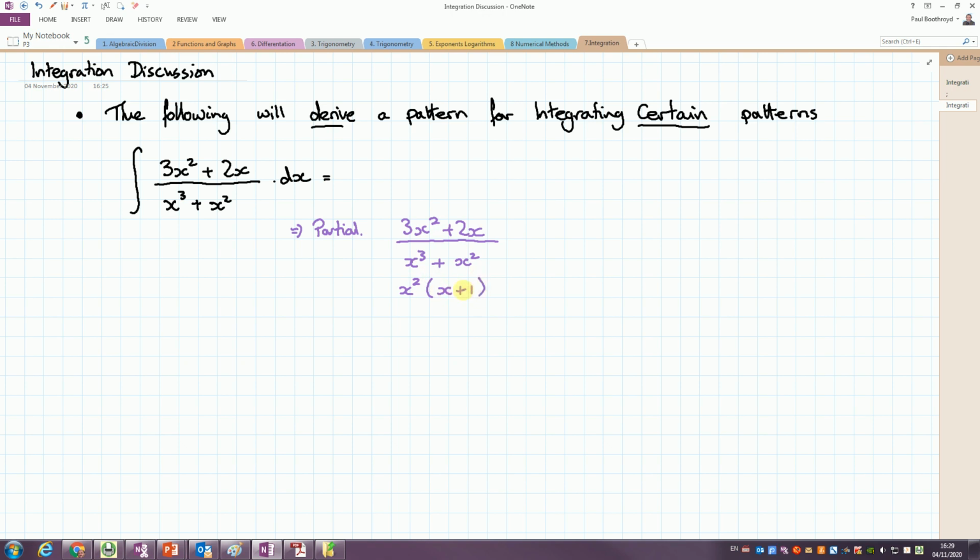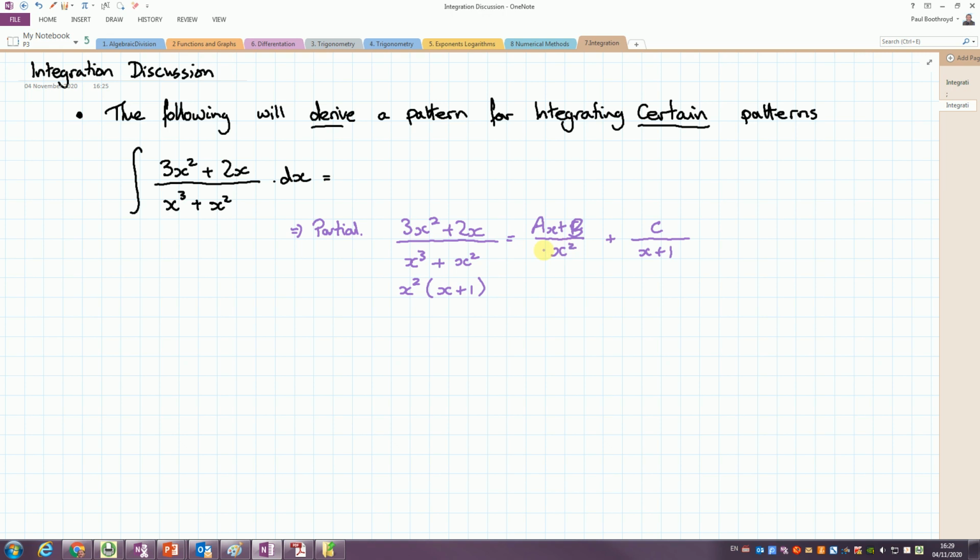Now remember, when we're doing partial fractions, you need to consider that if you've got a denominator x squared, the numerator could potentially still be a proper fraction if it has an x term in it. So we get ax plus some constant on top, b, and then over the other factor, a value c. So if you've got an x squared on the bottom, you must leave it in that form.